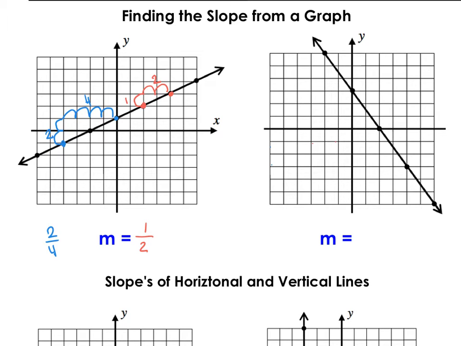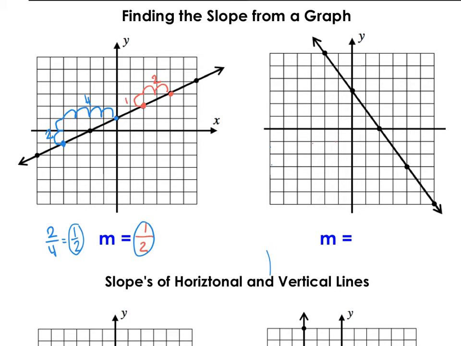Well, actually, you might have forgotten one thing about slopes. You always have to reduce your fractions. So we're going to take 2/4, and if you reduce that, guess what you get? It's still 1/2. So it doesn't matter which 2 points you pick, you will always get the same slope. This is a slope of positive 1/2. And that positive is important because it's going up, it's a positive slope.